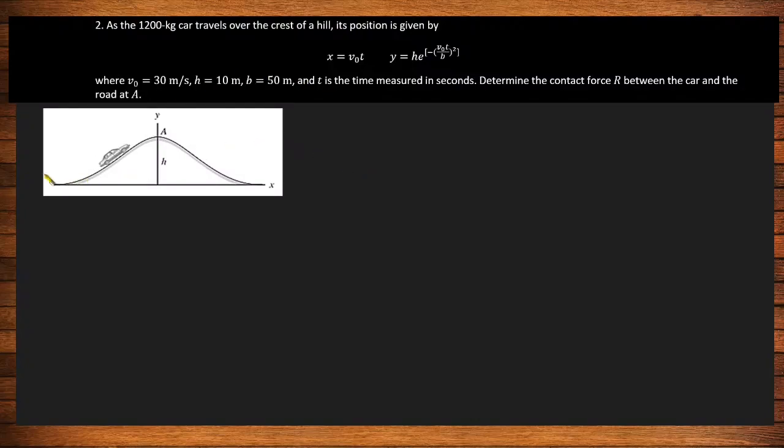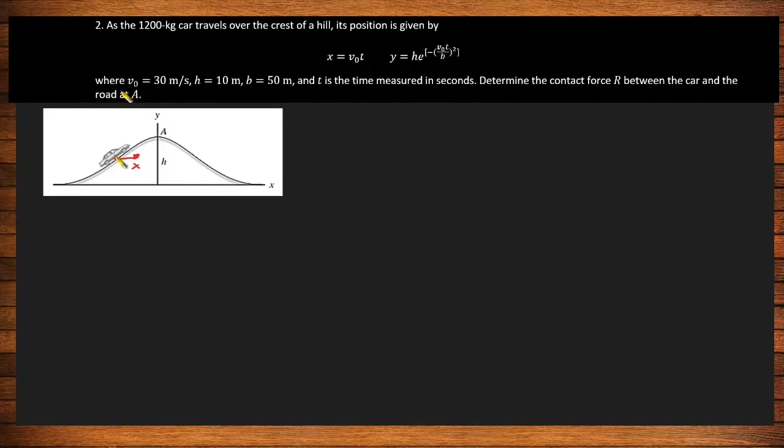So as we can see, as our car is moving over this hill, yung motion niya is curvilinear kasi naka-curve yung path niya. Pero take note na yung binigay na functions of the position of our car along the x and then the y direction is uncoupled. Okay? So along the x direction, we have v sub o times t.